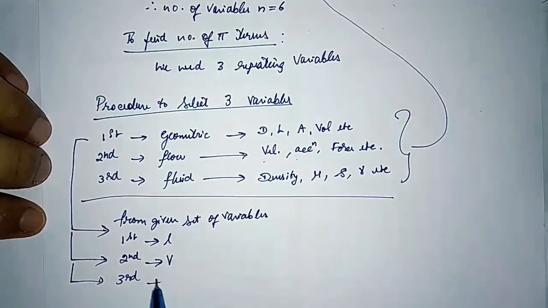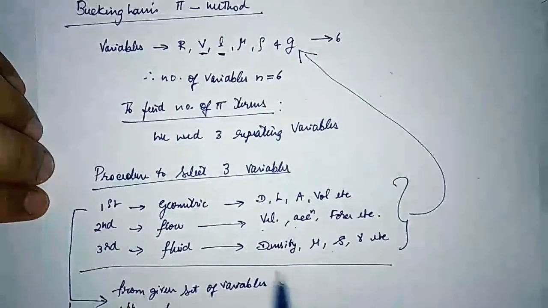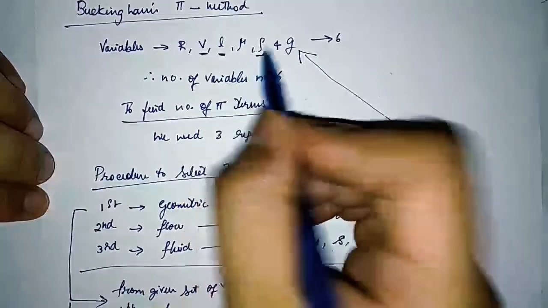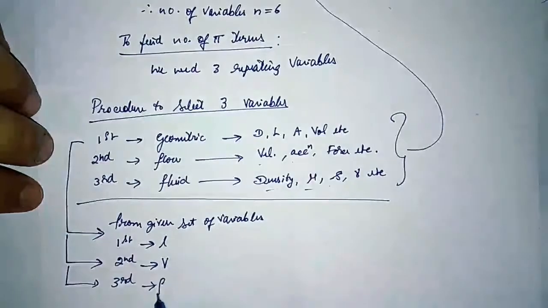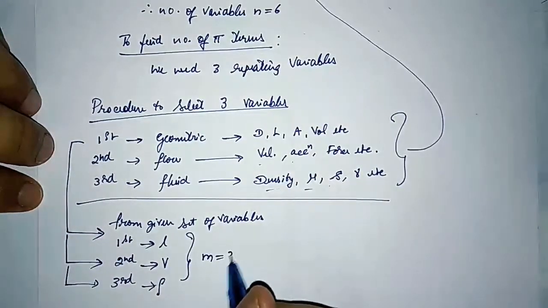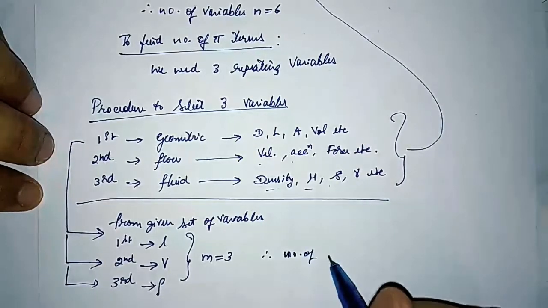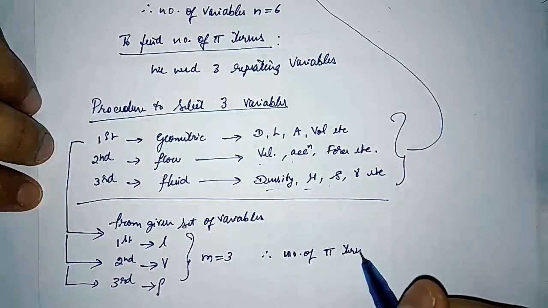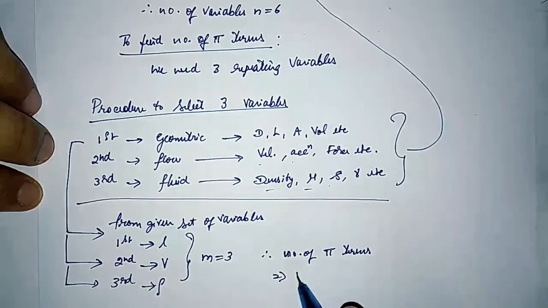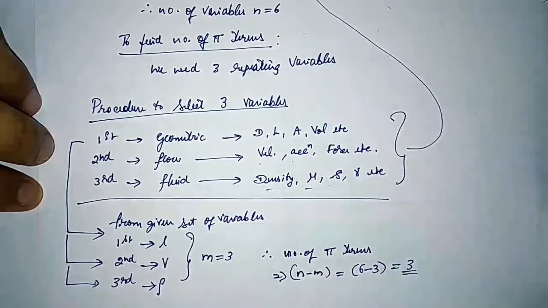And the third variable I am going to select is density. However, viscosity is also given, but still density will be given first preference. Now the total number of repeating variables, that is m, is equal to 3. Therefore, the number of pi terms is equal to n minus m, which is 6 minus 3, that is 3.